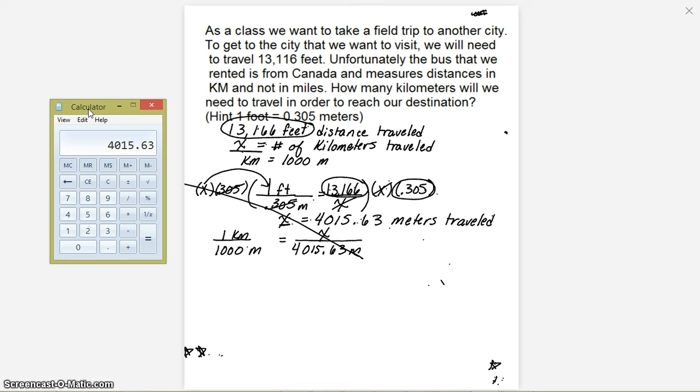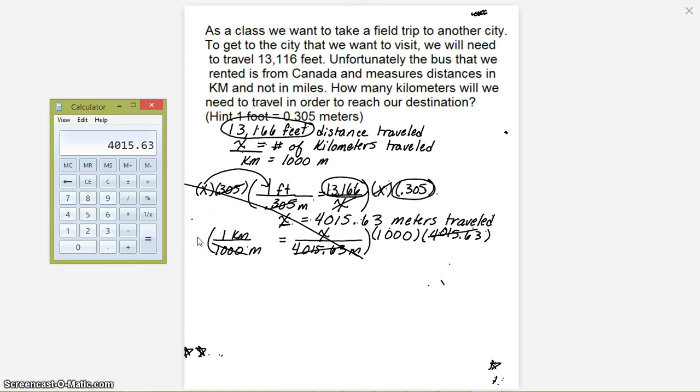So let's go through, and we're going to multiply both sides of this equation by 1,000 times 4,015.63. So on this side, that 1,000 cancels. On the other side, the 1,000s will cancel. And if you guys can just pretend that's there, I'm going to run out of room.